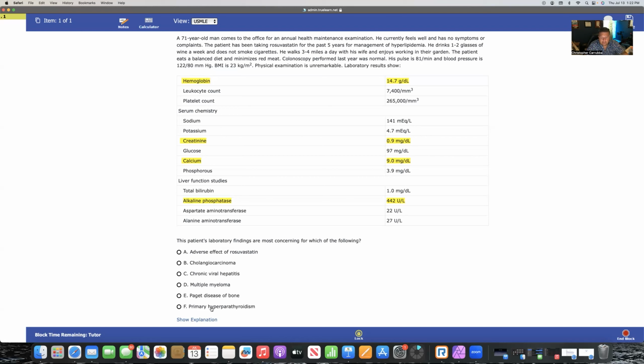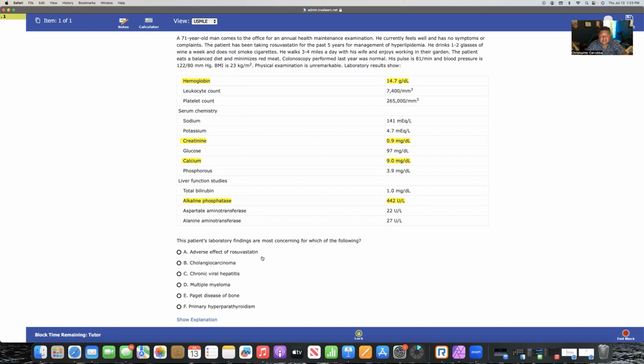And then thinking about primary hyperparathyroidism, if this were the issue, what we would be expecting to see is, again, hypercalcemia going along with that elevated alk phos, as well as a low phos from PTH causing increased renal secretion of phos. So we're really at this point, I would say we felt very good that we could eliminate all of the other answer choices.